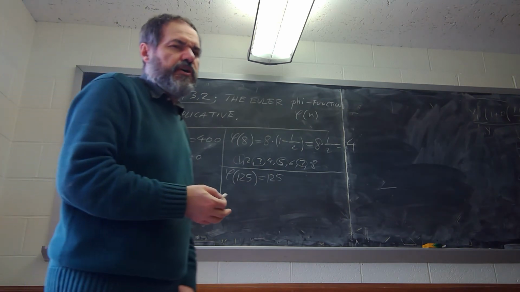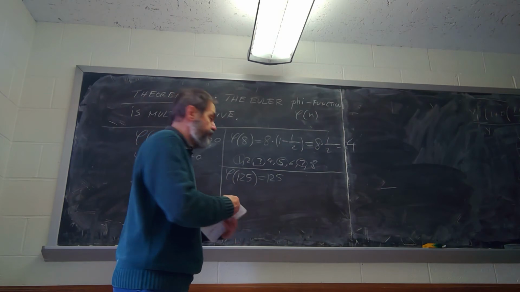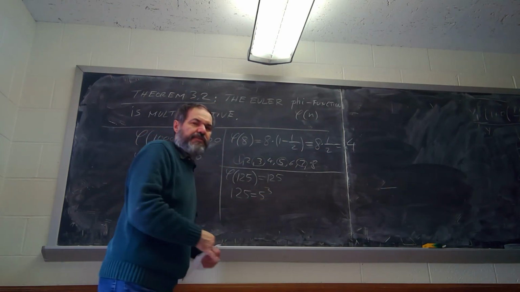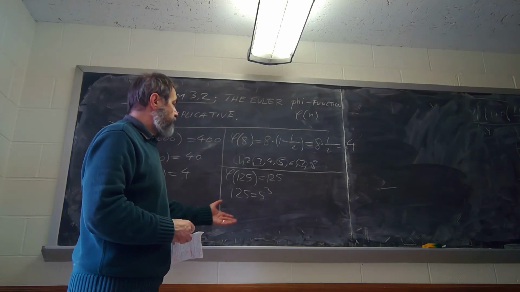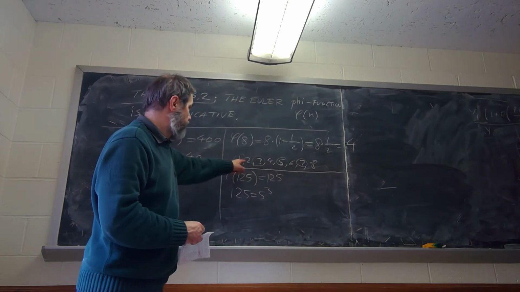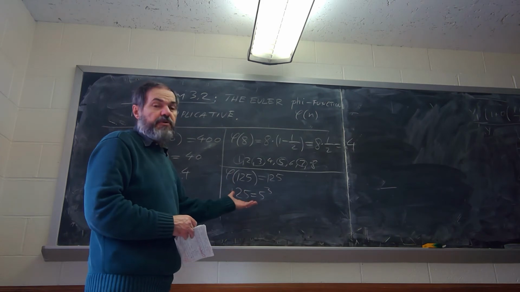I remove those that are divisible by 5. 125 is just 5 cubed. It doesn't have any other prime factors but 5. So numbers that are not relatively prime, those that need to be removed, like those that are even in this case, are those that are divisible by 5.